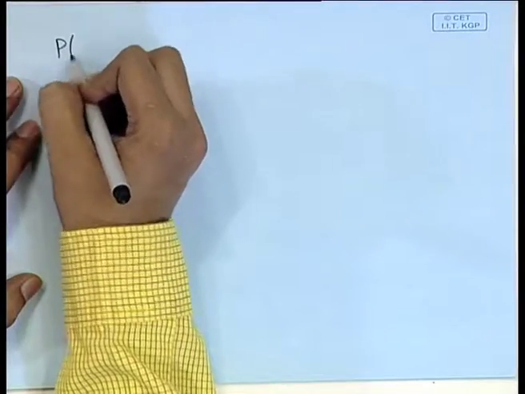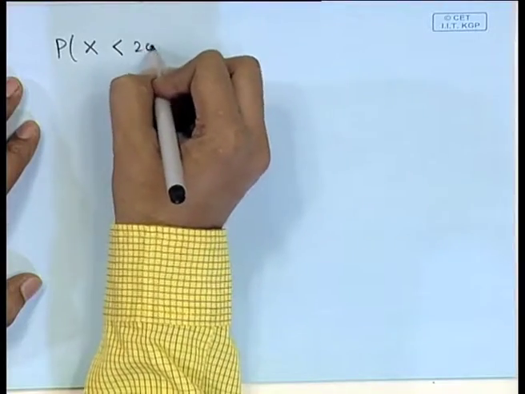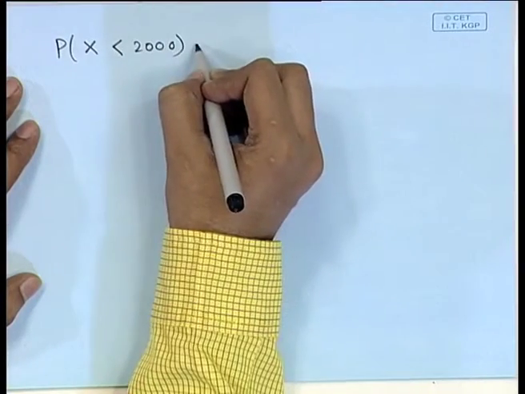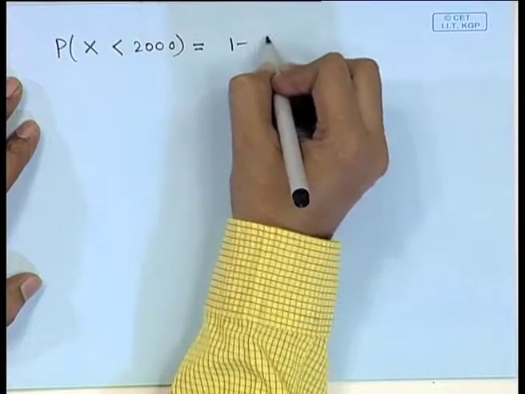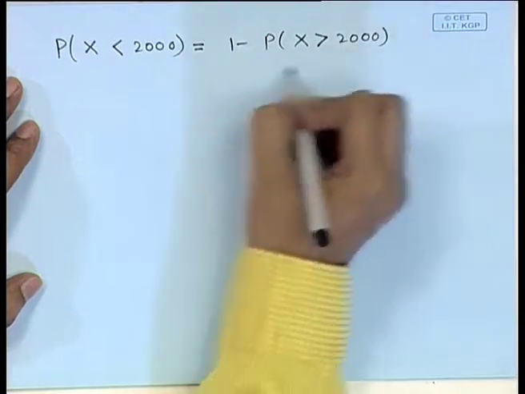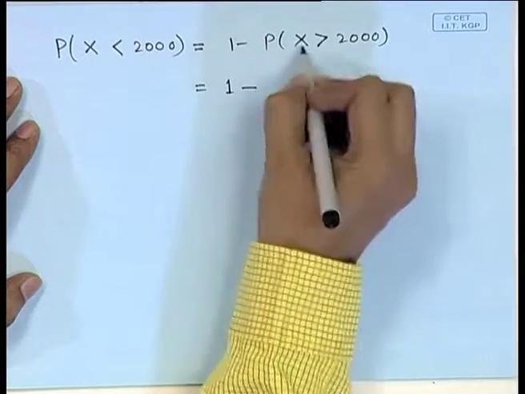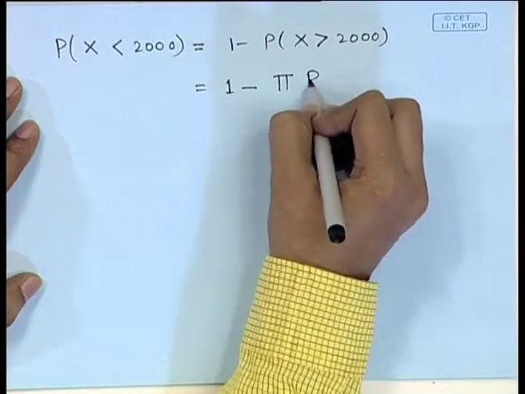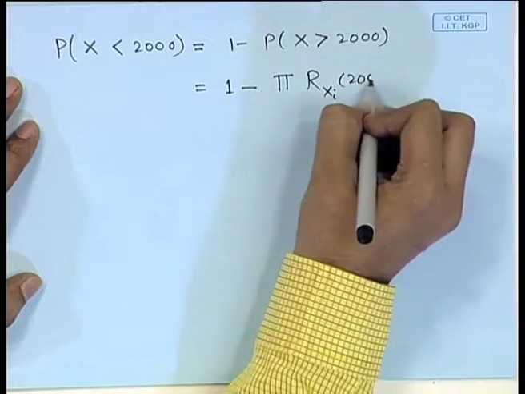Now, the next part is, what is the probability that the system fails before time 2000 hours. That means, what is the probability that X is less than 2000. This can be written as 1 minus the probability that X is working at 2000 hours. Once again, it is the product of the reliabilities at 2000 hours.